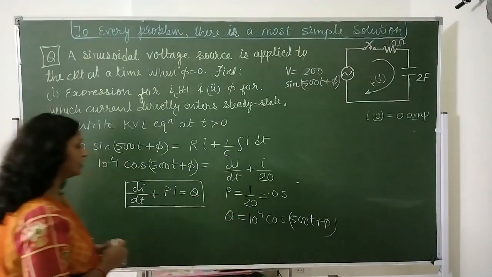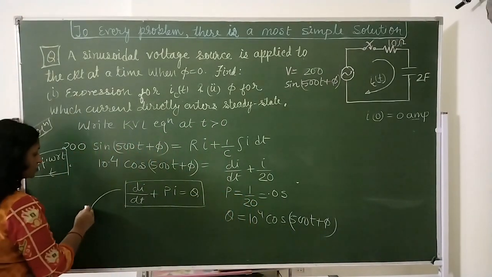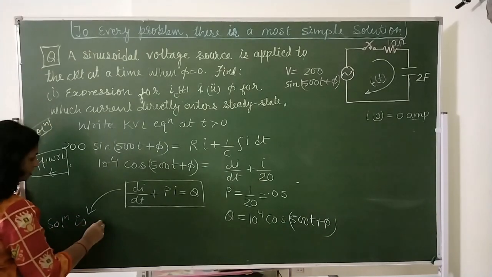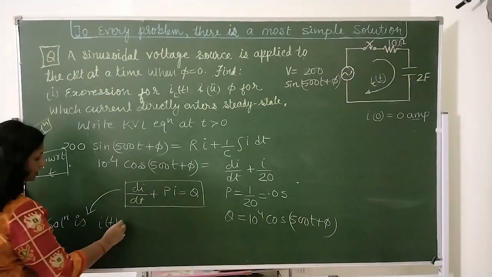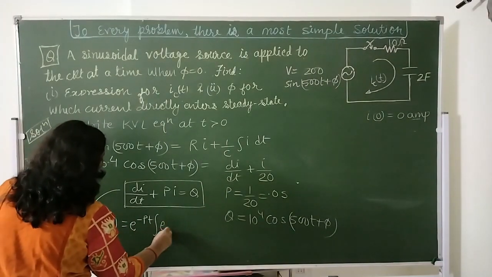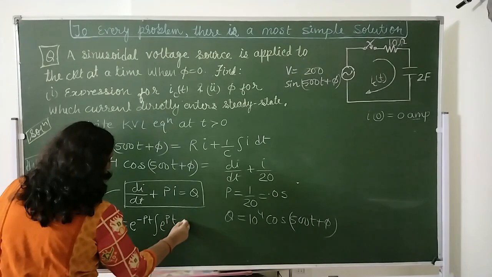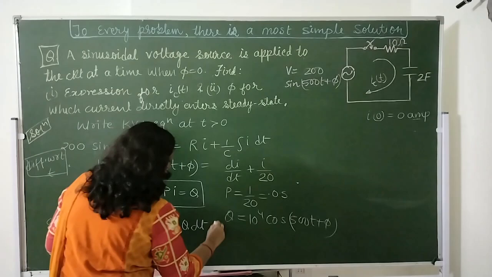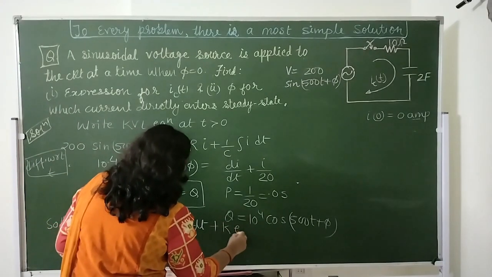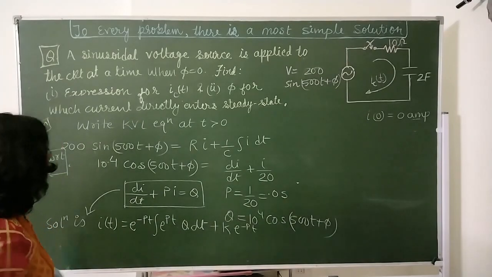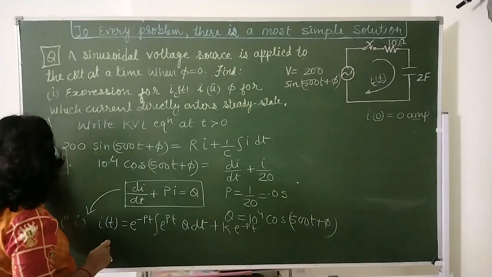This is our P and Q. We know the solution of this differential equation. Its solution is i(t) equals e to the power minus Pt, integration of e to the power plus Pt into Q dt, plus k e to the power minus Pt. This is the solution of this general differential equation.